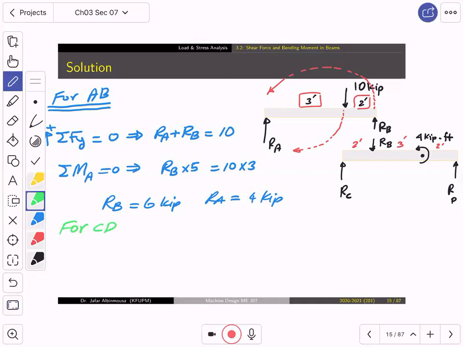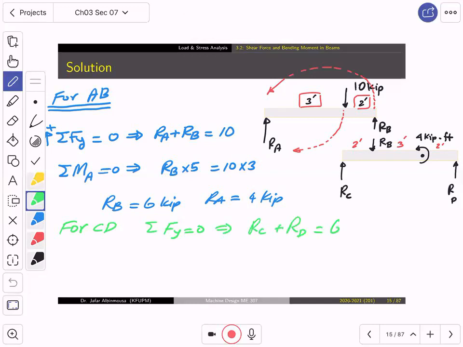The beam CD. Now, we will have the sum of the forces along Y equal to 0, which will give me RC plus RD equals 6. Correct?